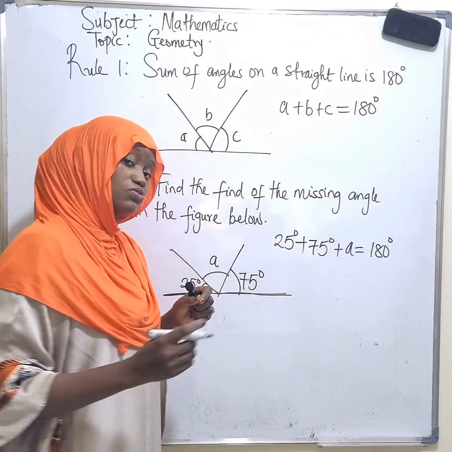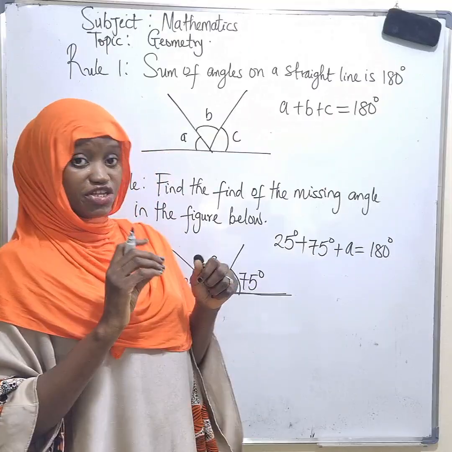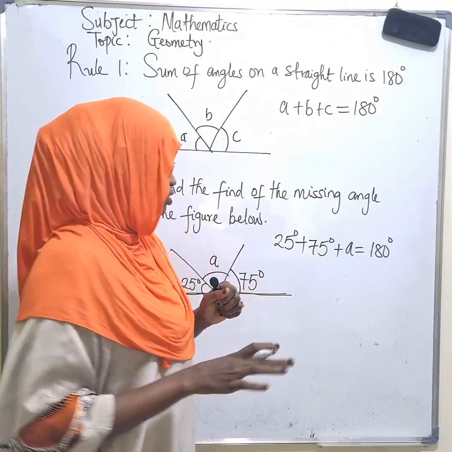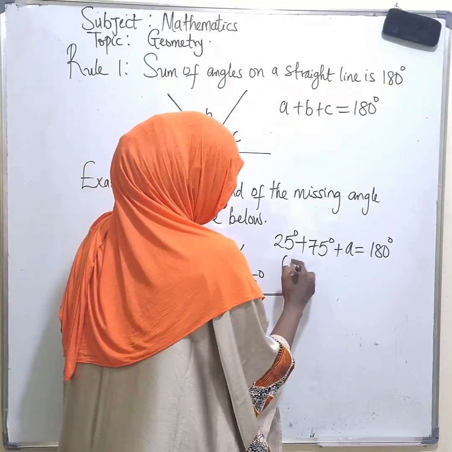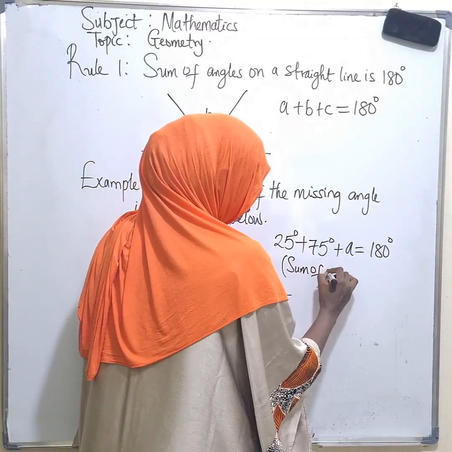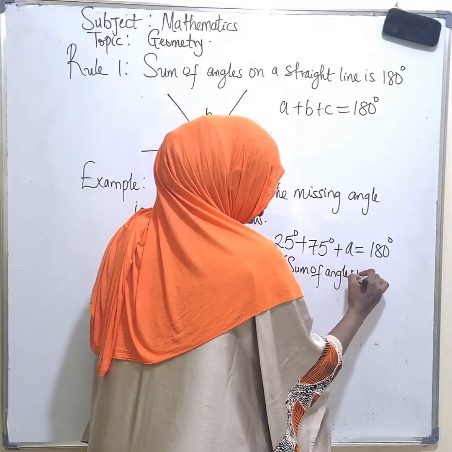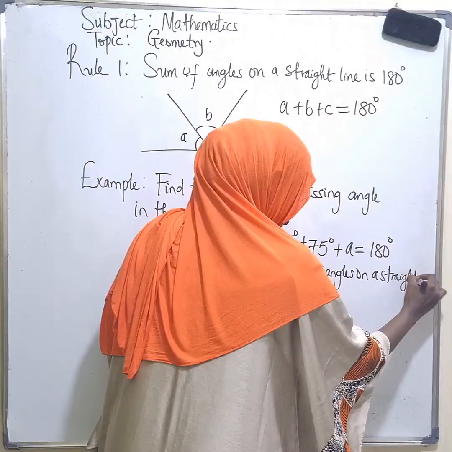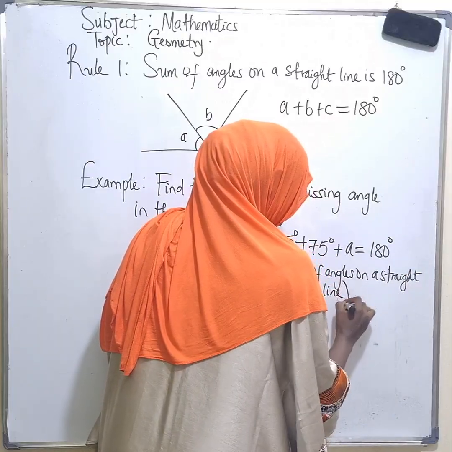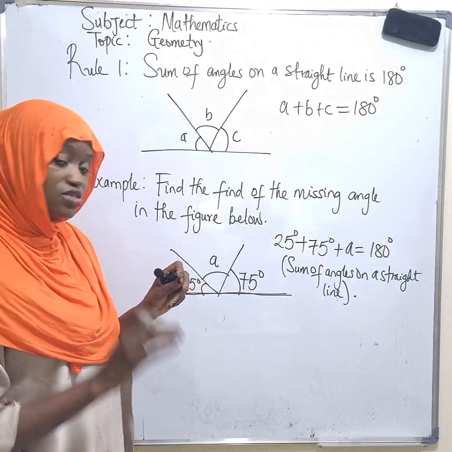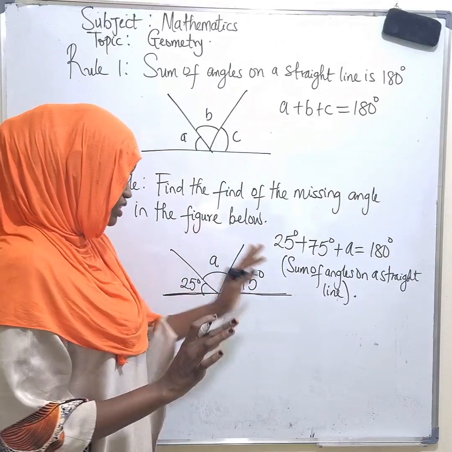So when you're solving problems under geometry, if you're using any rule at all, you have to state the rule. You just put that in a bracket. So the reason for this is what? Sum of angles on a straight line. It's very, very important. Don't assume that whoever sees it should know why you did that. It's better you write it out this way.